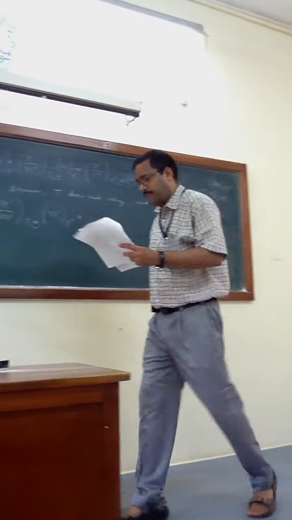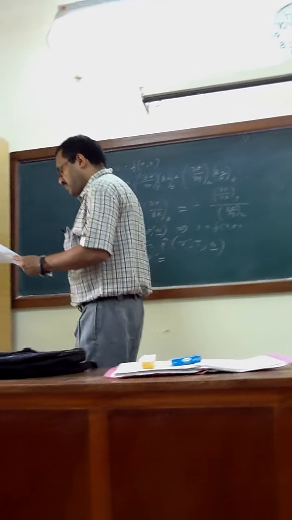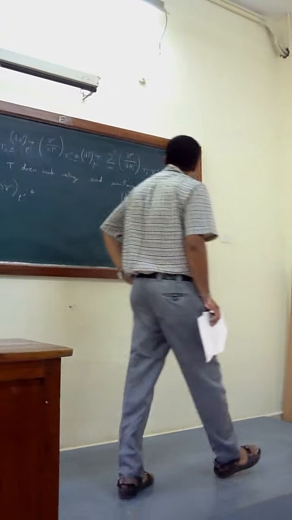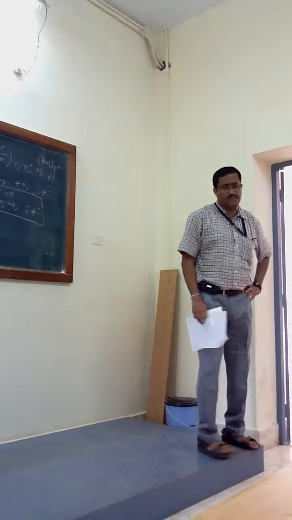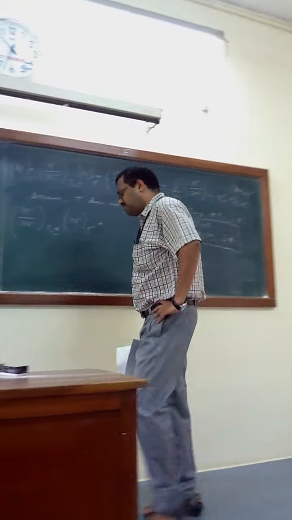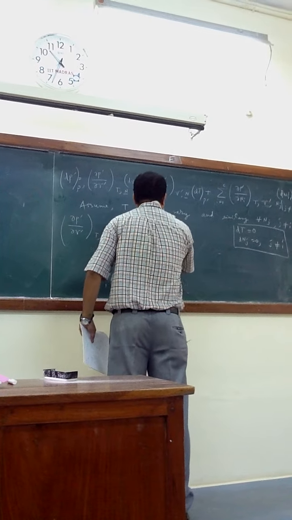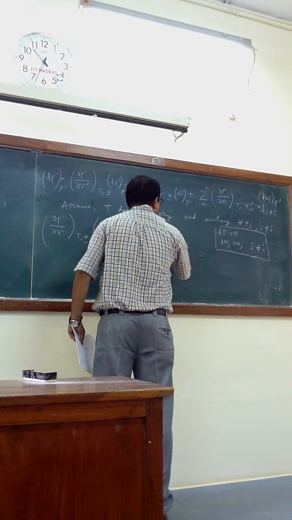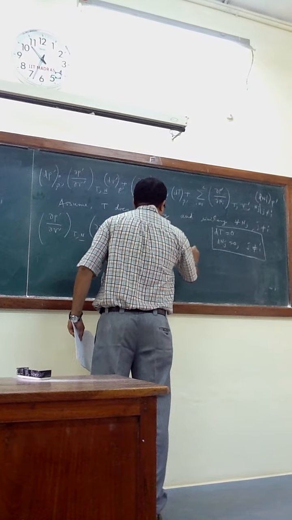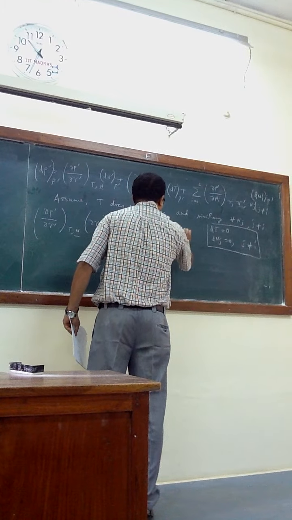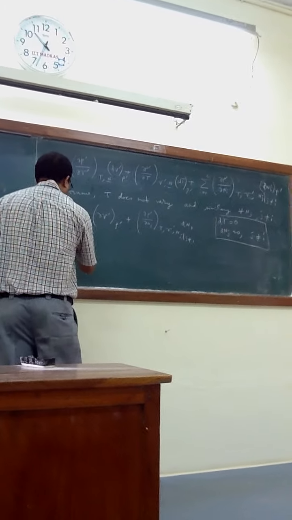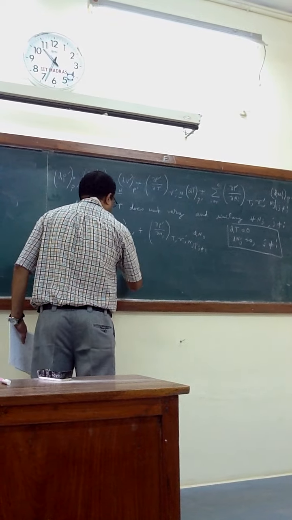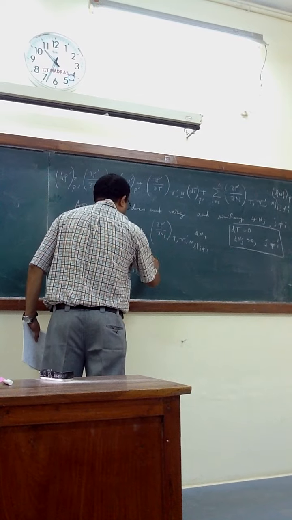Last summation term, what will happen? How many terms will be there from the summation? Let me write down the entire summation. ∂P'/∂n1 at T, V', nj j not equals to 1, dn1, plus ∂P'/∂n2 at T, V', nj j not equals to 2, dn2.